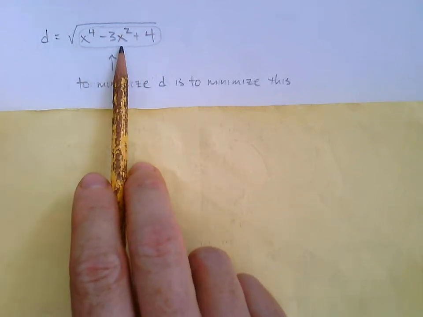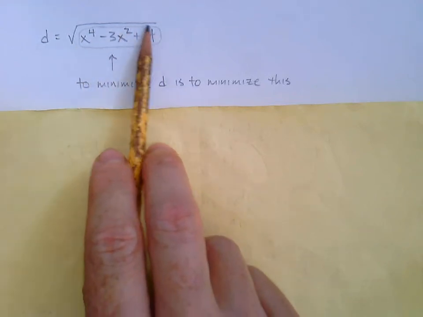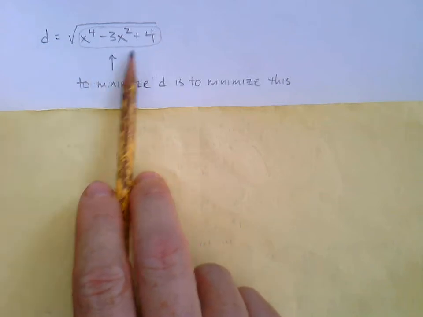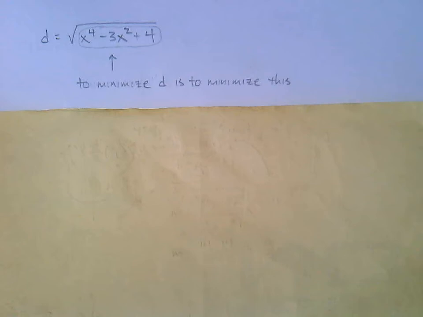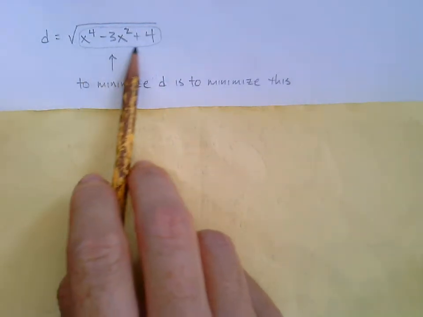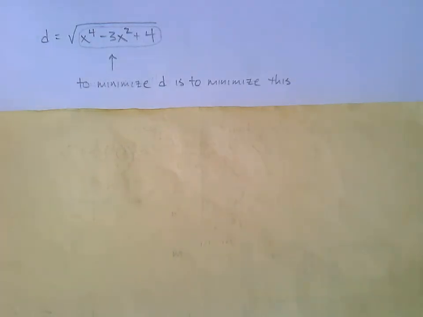If we can find the value of x that minimizes what's inside, it's that same value of x that minimizes d. To minimize d is to minimize simply what is in here. If you can find peace with that, then this problem gets a whole lot easier.